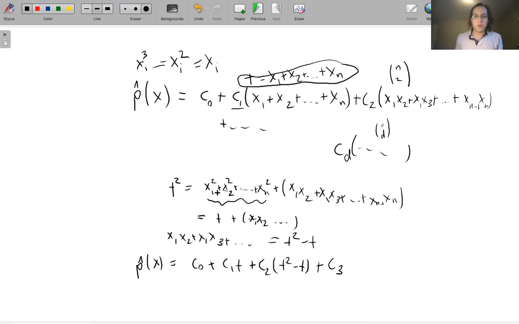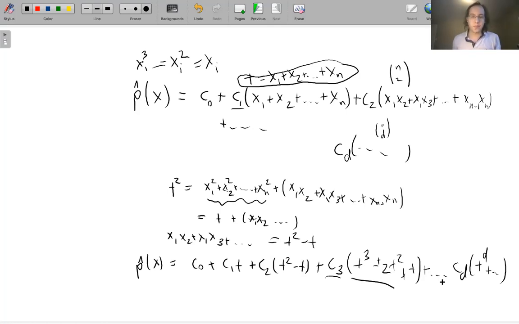You can do a similar trick, take t cubed and expand that out. You get some polynomial, plus or minus the t squared terms and the t term. I don't remember what the coefficients are, maybe 2 and 1 or something. But anyway, you can write c3 times some polynomial in t. And you can keep going until you get to cd, which will be some polynomial of degree d in t.